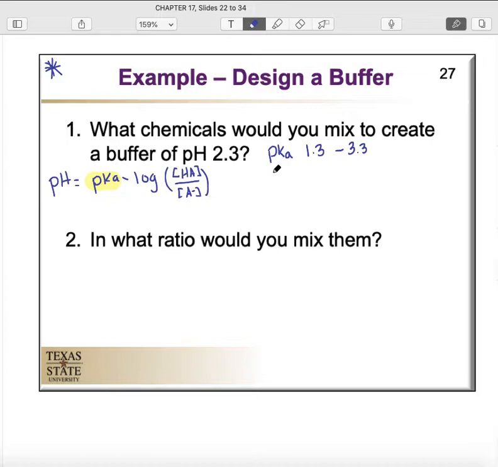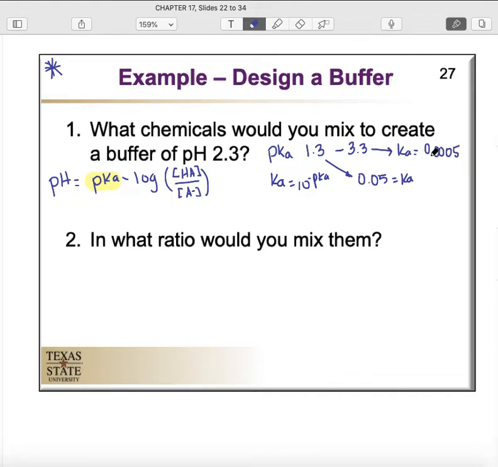To get the Ka, we do 10 to the minus pKa. For a pKa of 1.3, my Ka ends up being 0.05. And for a pKa of 3.3, my Ka ends up being 0.0005.